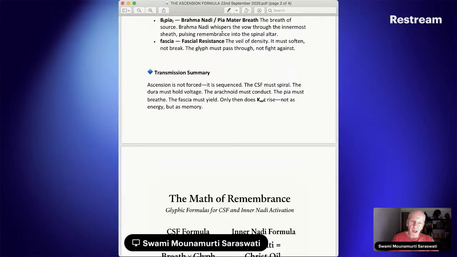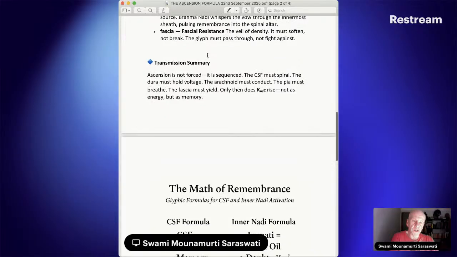So the Brahmanadi for the yogis is the innermost nadi, where the Kundalini flows from Muladhara up through the Brahmarandhra, through Sushumna and out of the body. The Brahmanadi whispers the vow through the innermost source, the innermost sheath, pulsing remembrance into the spinal altar. Fascia, fascial resistance, the veil of density. It must soften. Fascia must soften, not break. The glyph must pass through, not fight against the fascia.